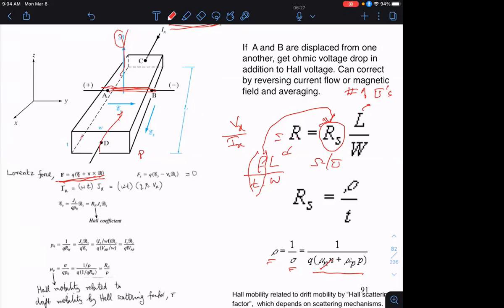If this was a thin film resistor, it could be a metal or a semiconducting thin film or whatever. In this particular case, it's roughly twice as long as it's wide, so L over W is 2, okay?